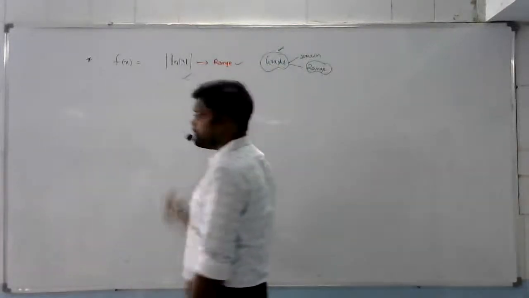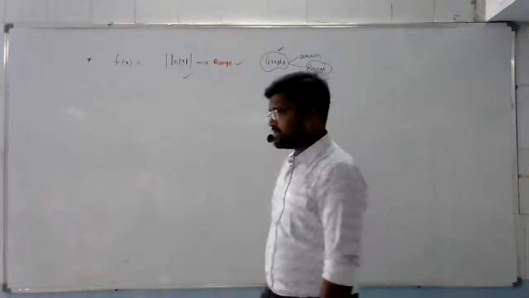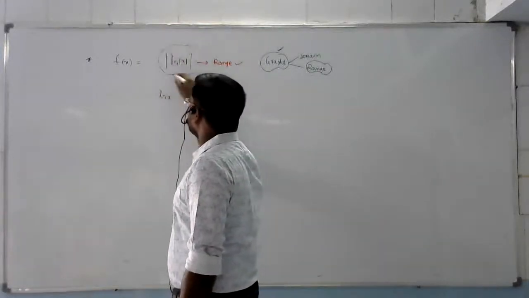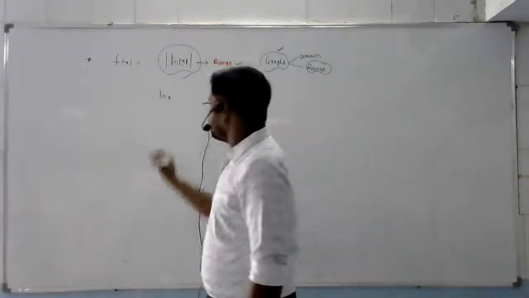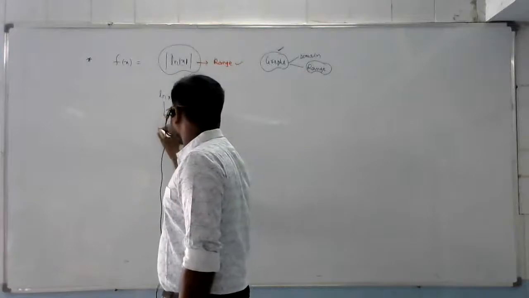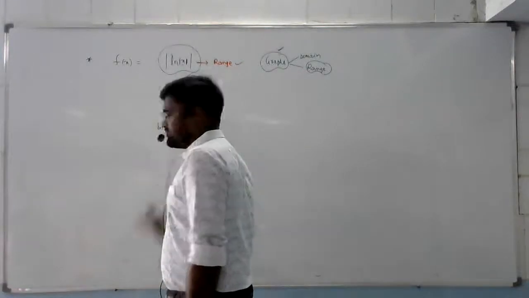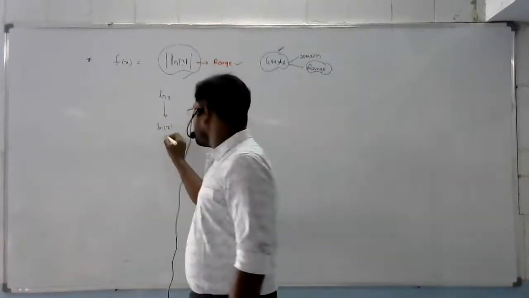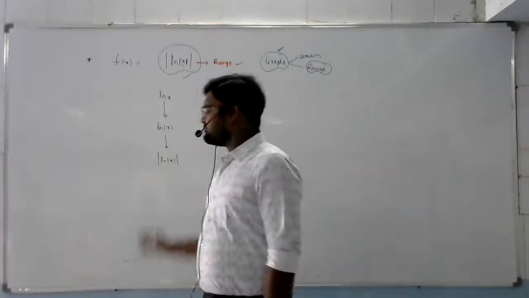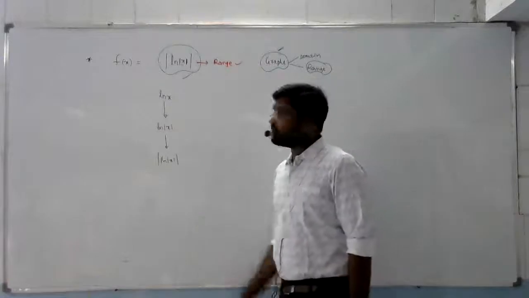And you draw the graph of modulus of ln mod x. Here the steps are something like this. To draw the graph of modulus of ln mod x, first you will draw the ln x graph. From the ln x graph, I will draw ln mod x. And after getting ln mod x, I will draw modulus of ln mod x. So these are the three steps to be followed.